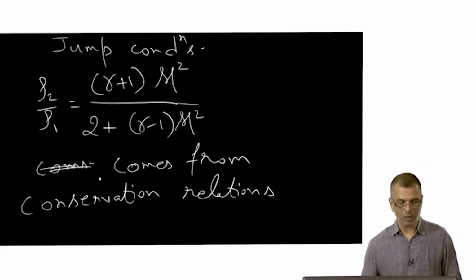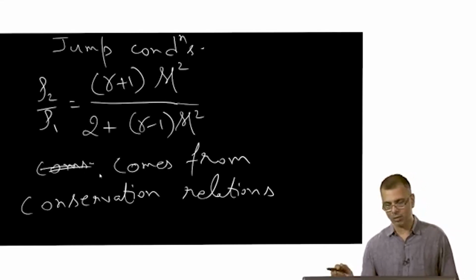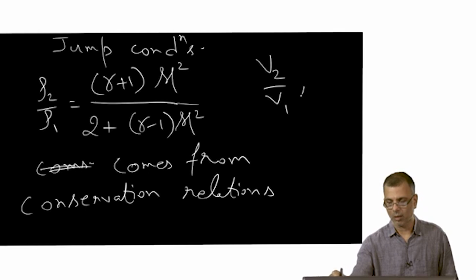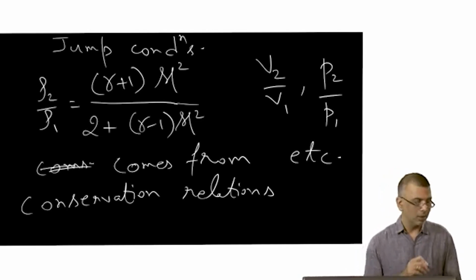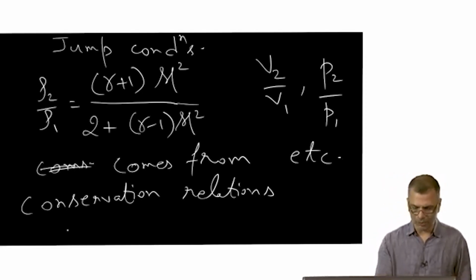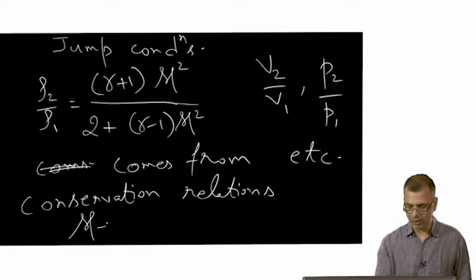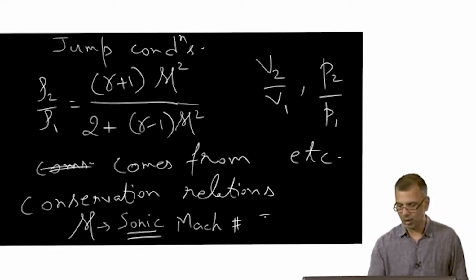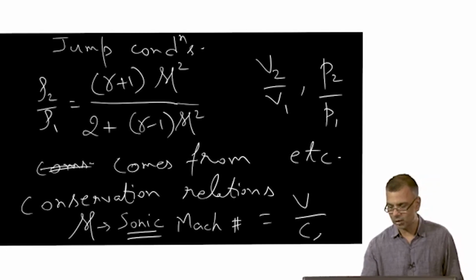So just like the density jump conditions, you also have the velocity jump conditions, v2 over v1 for instance, the pressure jump conditions, so on and so forth. Okay, so this was just to give you an idea, and so M of course is the sonic Mach number, equal to velocity over just the speed of sound.